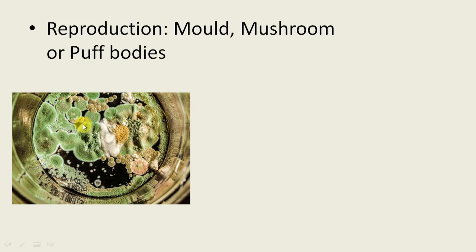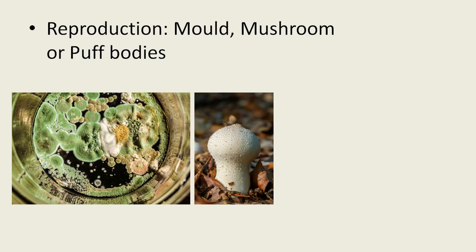Here we see the mold body, and at the edges there is spore formation and development of a new body. This is mold. And the second one, mushroom, or the pulpy body. The second picture we are observing here is a pulpy body, which grows directly and develops. This type of reproduction takes place there.